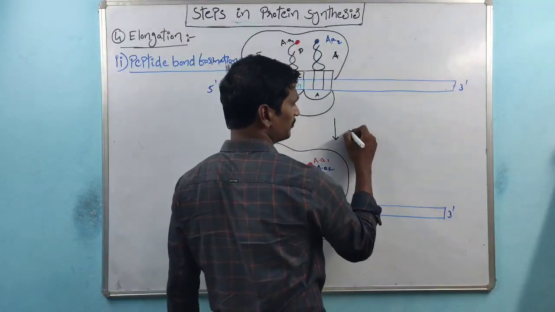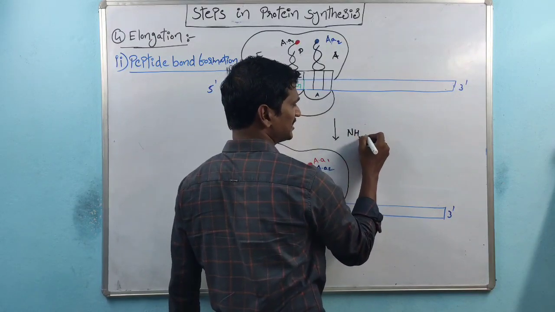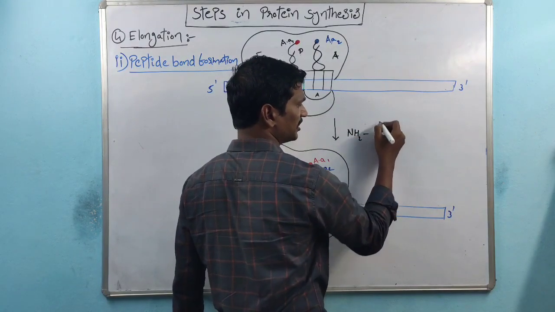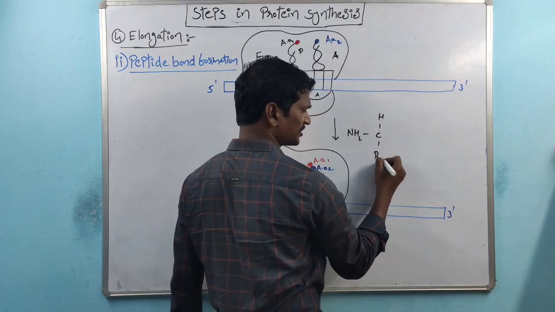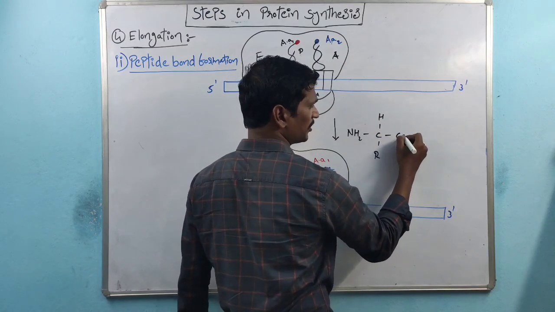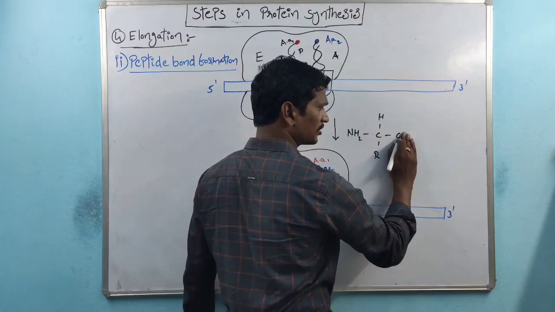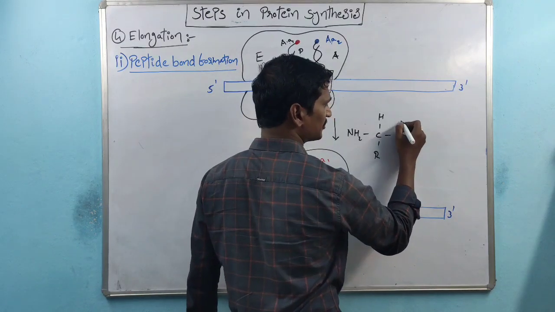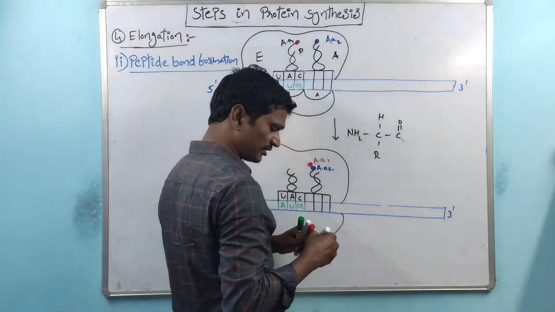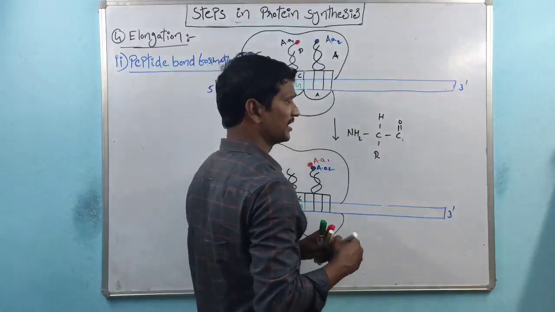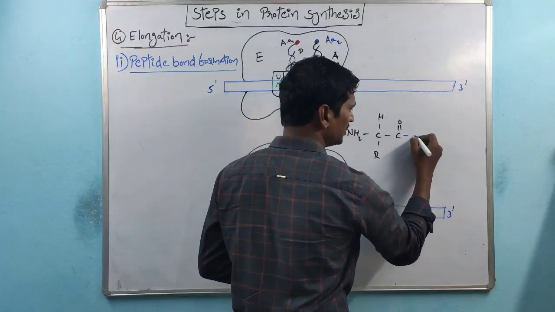As we know, one amino acid contains an NH2, the H, the side chain R, and the carboxyl group. This carboxyl group interacts with the amino group of another amino acid.